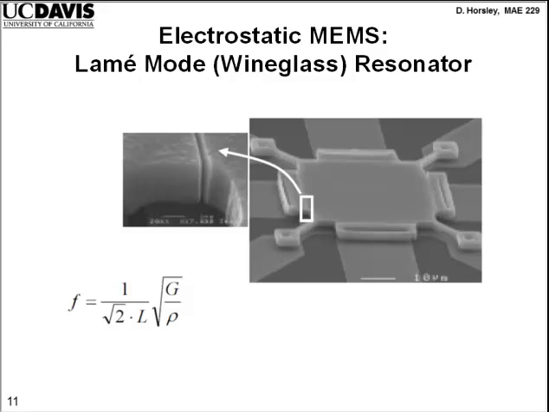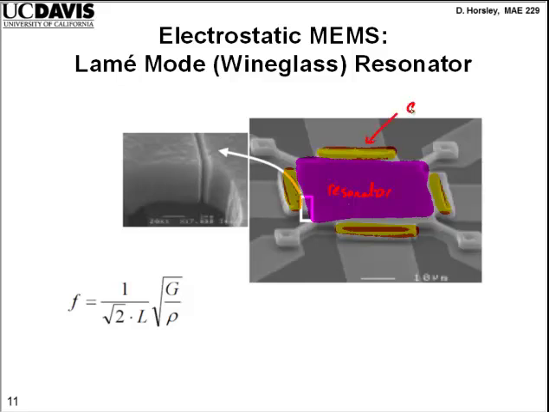So it's this sort of square structure, and it has, let me try shading these guys, right? So these are the electrodes here on these sides, and here, and here. And the thing that I'm going to shade in purple, this is the actual resonator body.